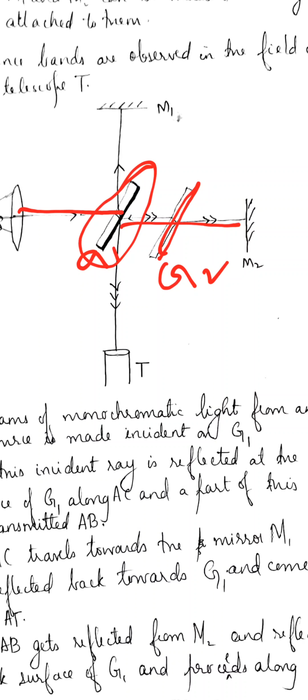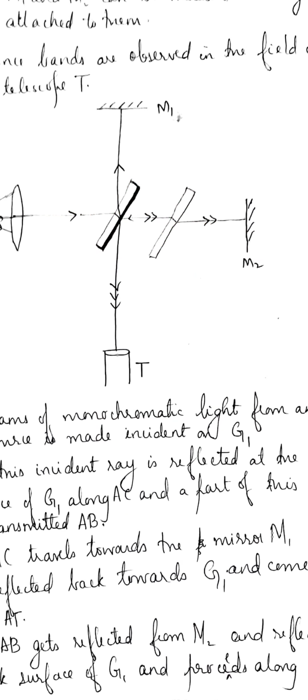Now the speciality of G1 is that it is partially silvered behind, so that half of the ray incident on it is reflected and half of it is transmitted. See, one half of the ray incident on it is reflected and another half is transmitted.